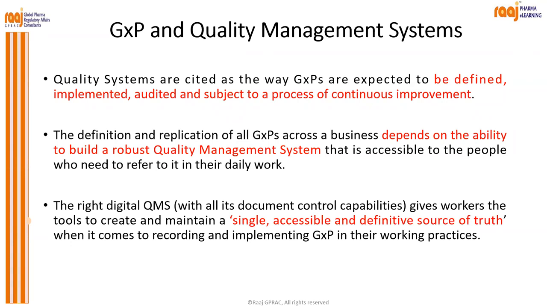Train people on that system, so that the work will be done appropriately, step by step, as per the predetermined specification. The right digital quality management system, with all its document control capability, gives workers the tools to create and maintain a single, accessible, and definitive source of truth when it comes to recording and implementing GxP in their working practices.